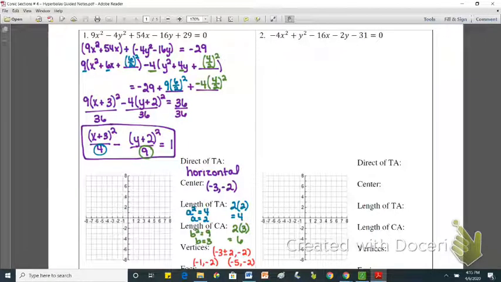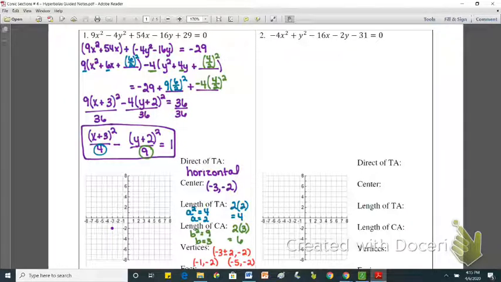So let's go ahead and graph this. First thing I'm going to do is graph my center. So my center is -3, -2. From here, we are going to draw our transverse axis.